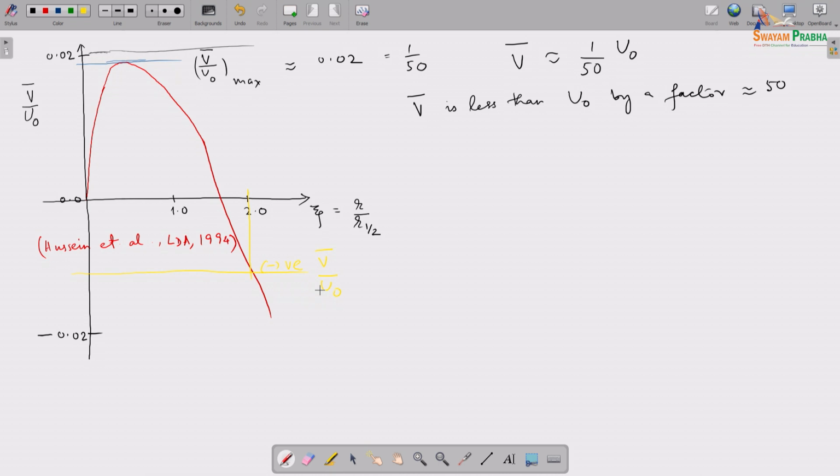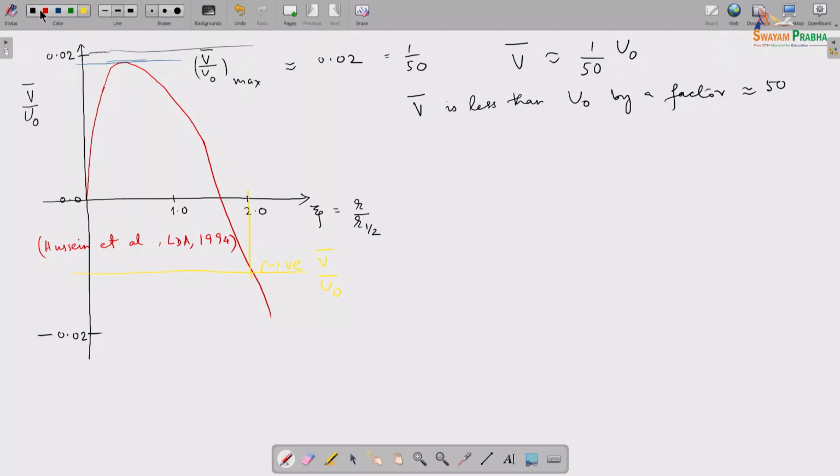If the axis system is such that V positive is along that axis, then negative means it is opposite of that axis system. So the flow is moving in a direction opposite to the positive y direction.